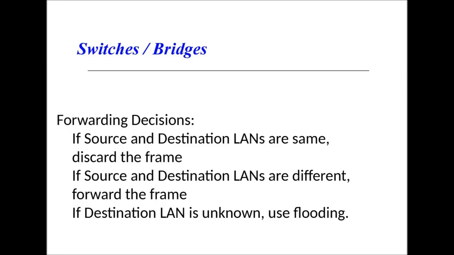Last point, by learning, the switch can make good forwarding choices in the future, because now the switch contains the MAC addresses of all connected PCs. Whenever next time any PC forwards a frame, the switch will forward that frame to the desired destination on the basis of MAC addresses saved in its MAC address table.